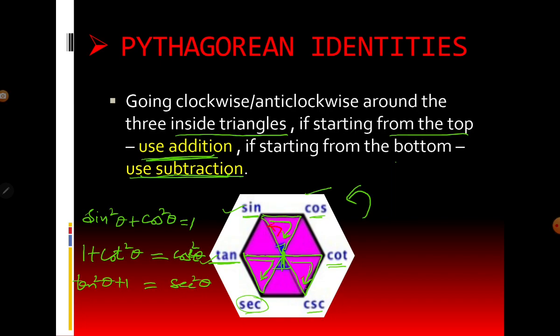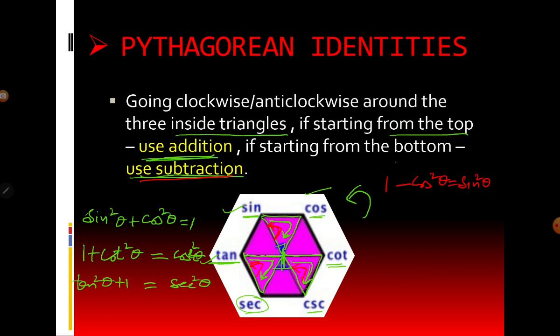If I am coming from 1 towards this side, then I'll write 1 minus cos square theta, or you can say 1 square minus cos square theta is what? Sine square theta. Upward direction, we'll use subtraction. Only this thing you have to keep in your mind.